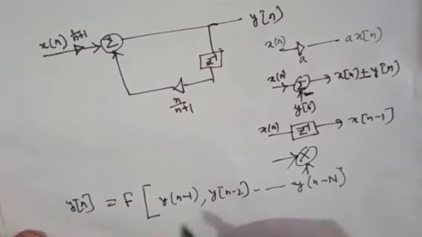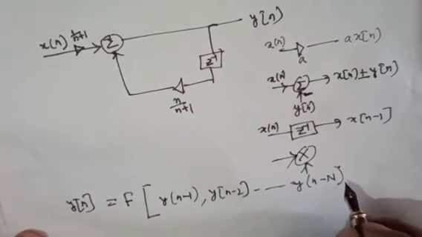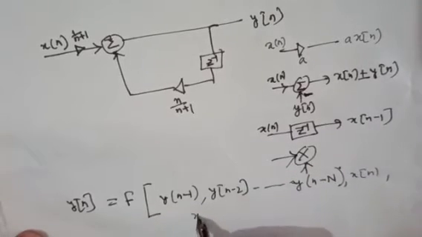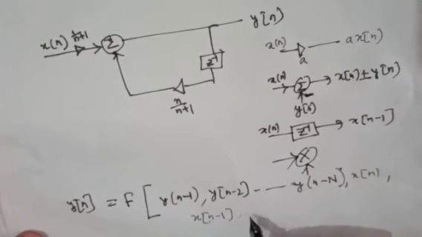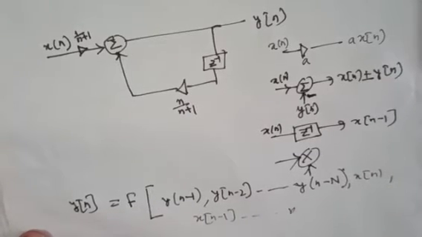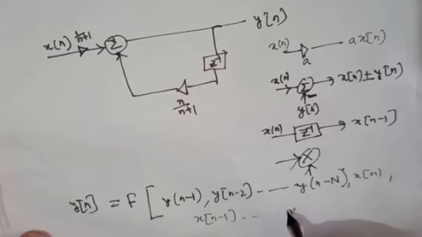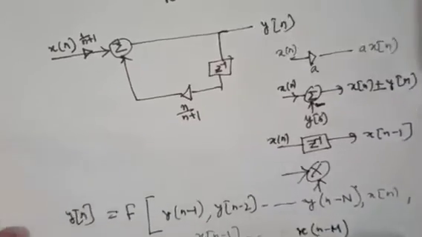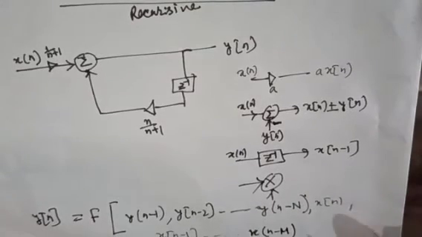That many past outputs, then the present input, and maybe all the past inputs, x of n minus 1, x of n minus 2, like that, x of n minus n. So this is the definition of the recursive system.